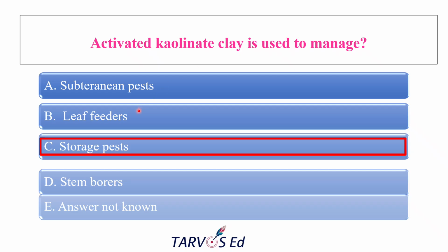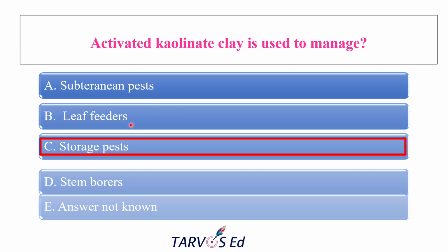And leaf feeders again: unprocessed kaolin is used as a particle film in orchards, but activated kaolinite generally refers to the processed dust. Field application of this activated clay is rare, because if the rain comes, it will wash off.